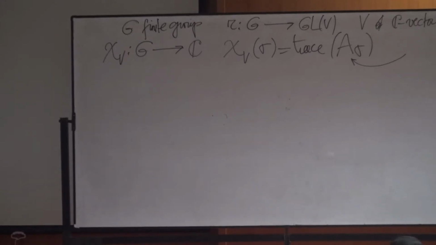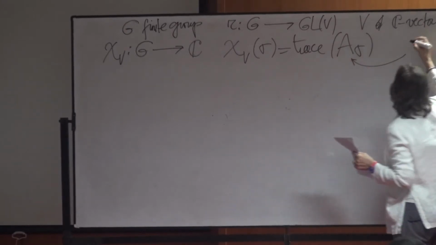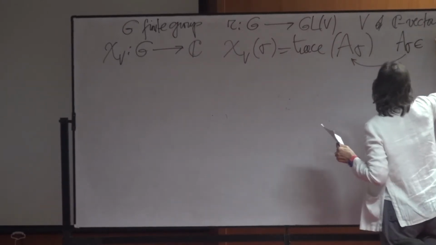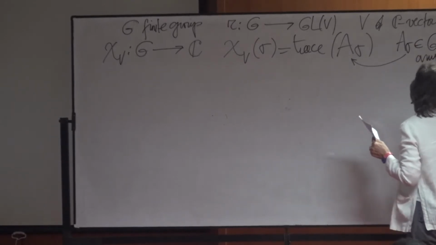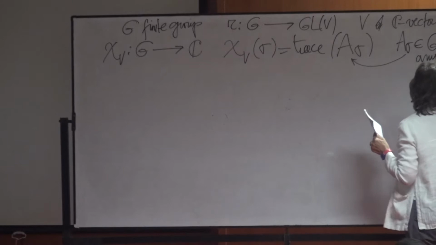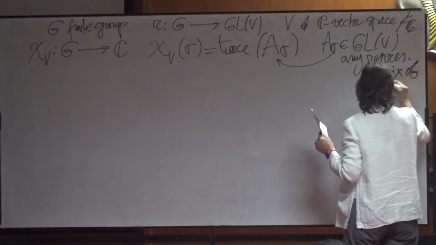Now, whenever you fix a basis in V, you have a representative matrix for sigma. So you compute the trace. So A sigma in GL(V) is any representative matrix of sigma.